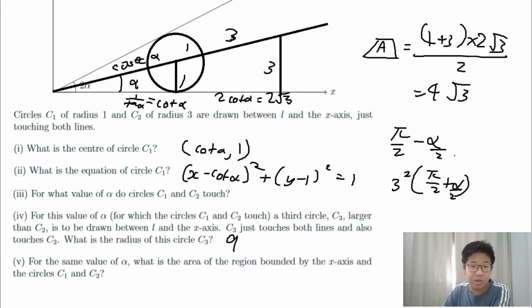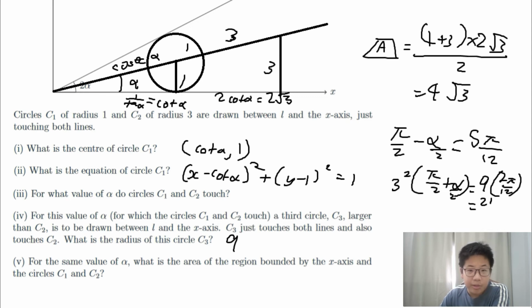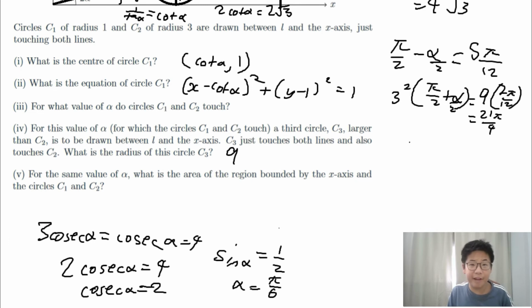So alpha equals pi over 6. So this is 5 pi over 12, and this is 7 pi over 12, which gives 21 pi over 4. So what's 5 pi over 12 plus 21 pi over 4?